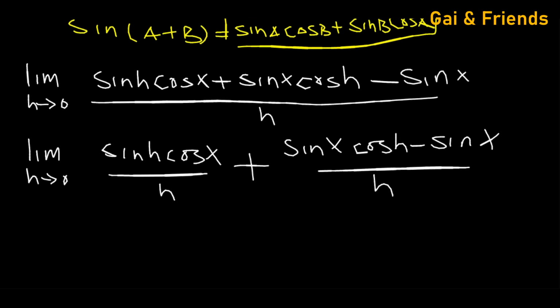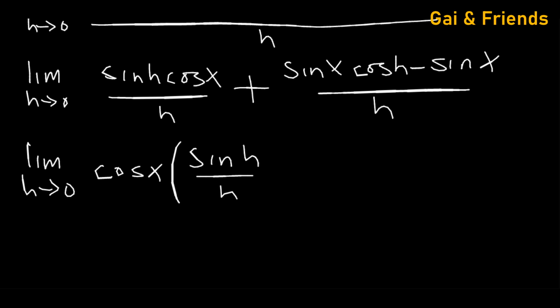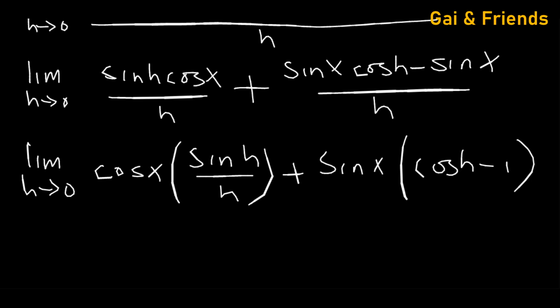If you can see here, you can factorize some things out. Limit as h approaches 0 of cosine x outside, sine h over h, plus sine x outside, cosine h minus 1 over h.